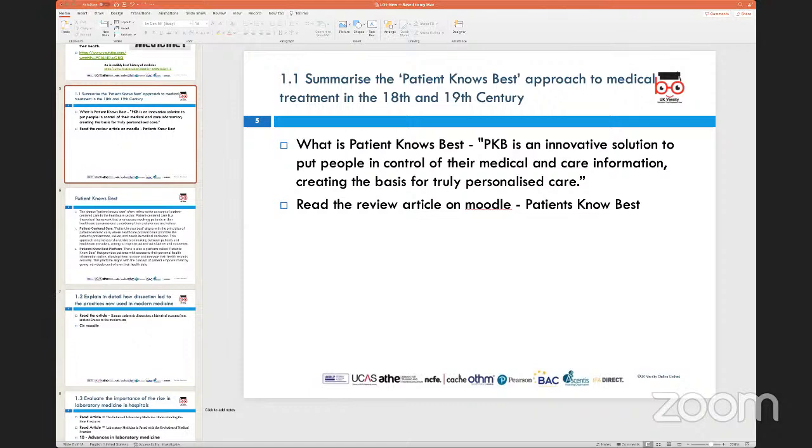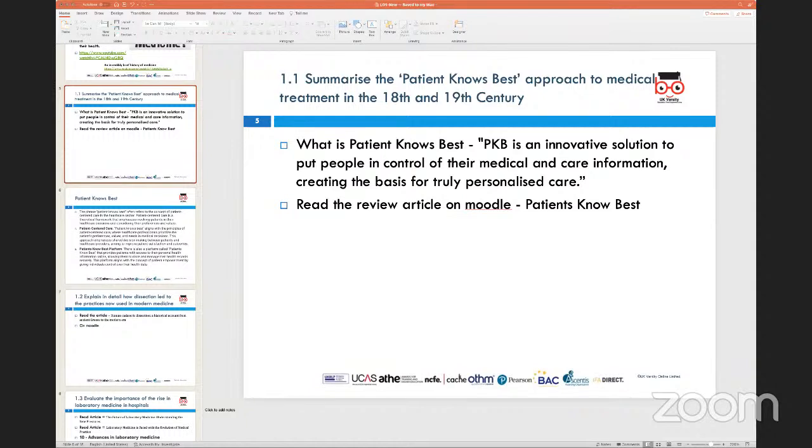This concept is primarily related to a phrase which comes across when we talk about healthcare in general, and this is PCC, or patient-centered care. Patient-centered care is a concept that has now been widely accepted within the health and social care sector, because it emphasizes the importance of involving patients in making decisions about their own healthcare.